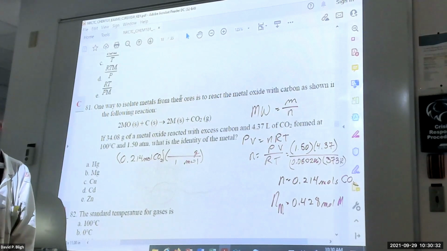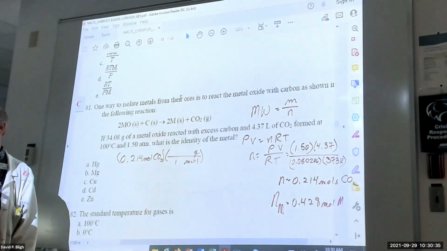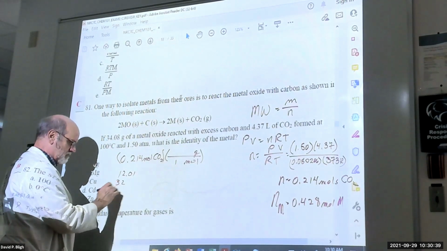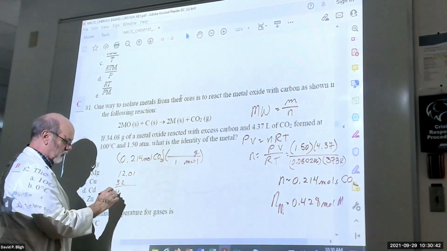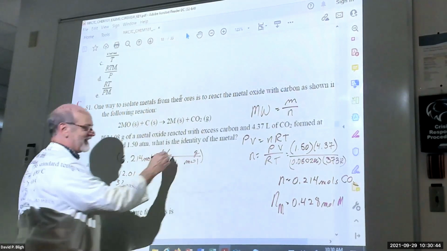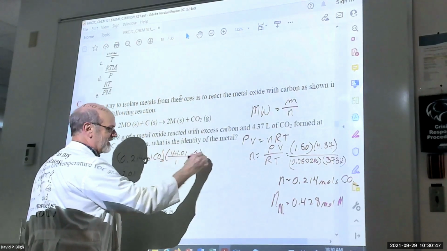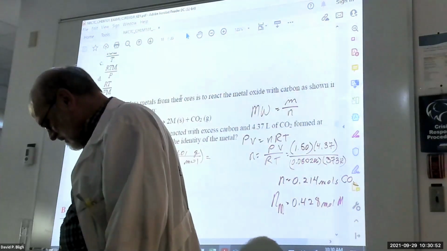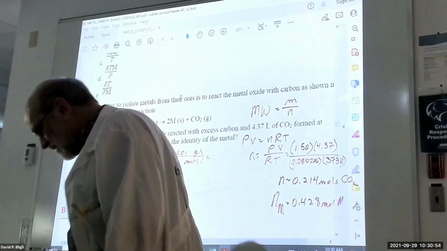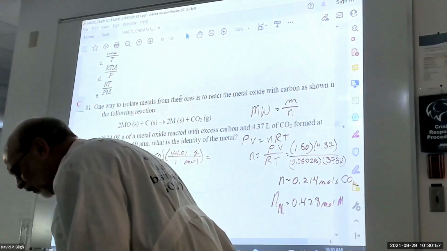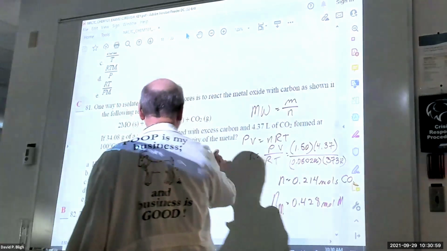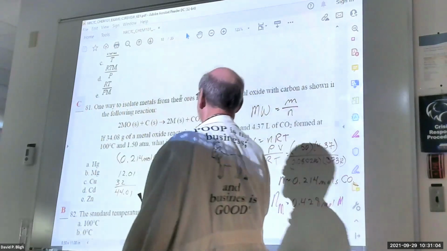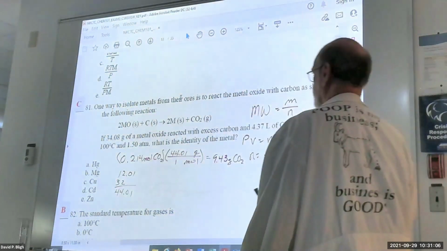What is that? 44.01. Yeah, 44.01 times 0.214. And I get 9.43 grams. 9.43 grams of CO2.